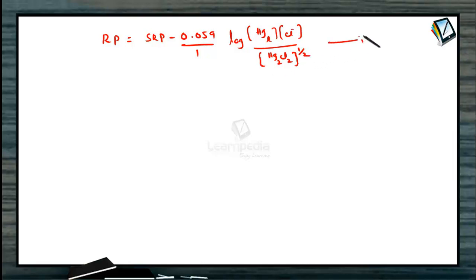Therefore, this is the appropriate reaction involved. That is equal to the standard reduction potential measured against the standard hydrogen electrode minus 0.059 by 1 into log of the activity of pure liquid, which is 1 for mercury. So what will be left over is only the concentration of chloride ion to the base 10.